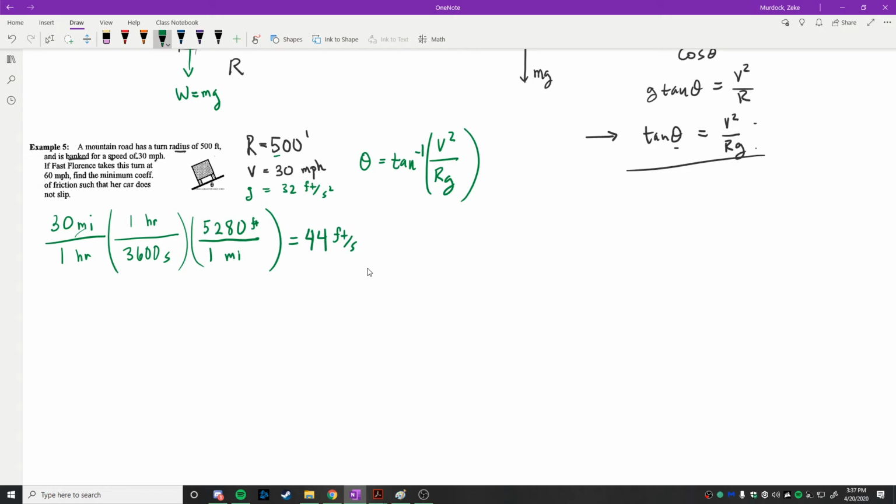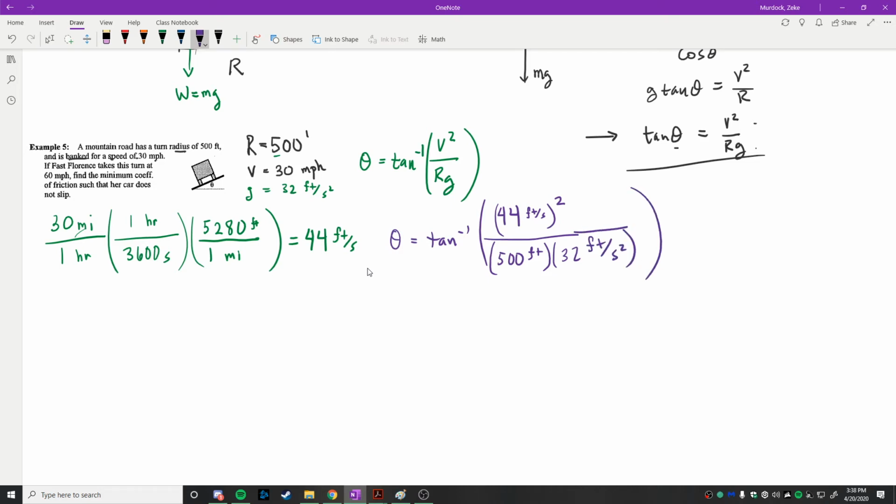That's 44 feet per second. We've got feet for R, and we can put G in as 32 feet per second squared, and that should allow us to find theta. So theta is equal to the arctan of 44 squared over rg. And I'll have you guys calculate this. Why don't you guys tell me what that's equal to?